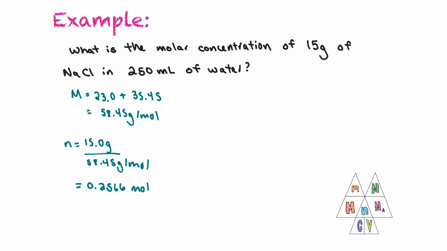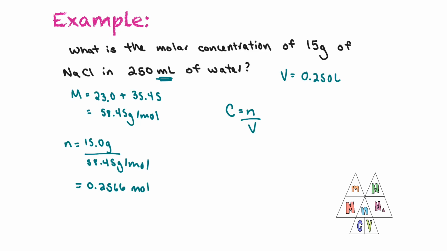Now we want to find our molar concentration. We take those values: C equals the amount of moles divided by the volume. The first thing we notice is our volume is not in liters, it's in milliliters, so we need to convert that. We divide our 250 milliliters by 1,000, or move our decimal place over 3 points to the left. So our volume is equal to 0.250 liters.